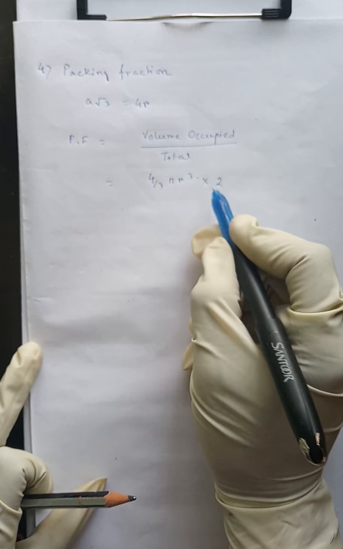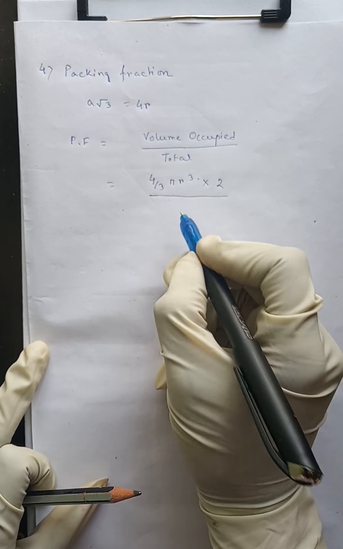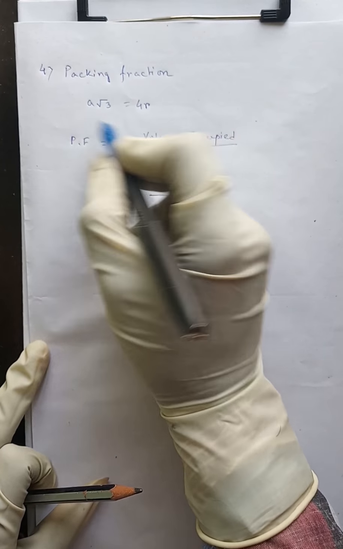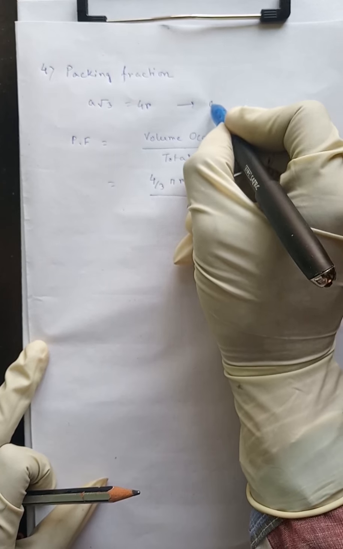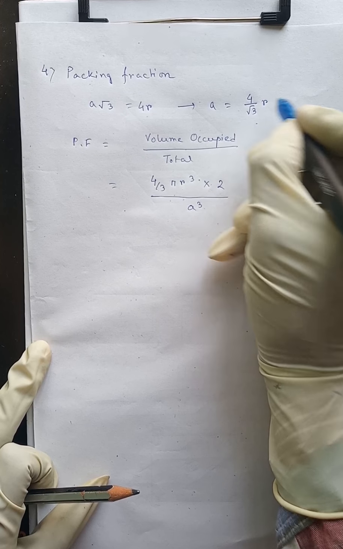That's why we are multiplying 2 here, and divided by the total volume, which is a cube. And now from this relation we can determine the value of a, which will come out 4r/√3.